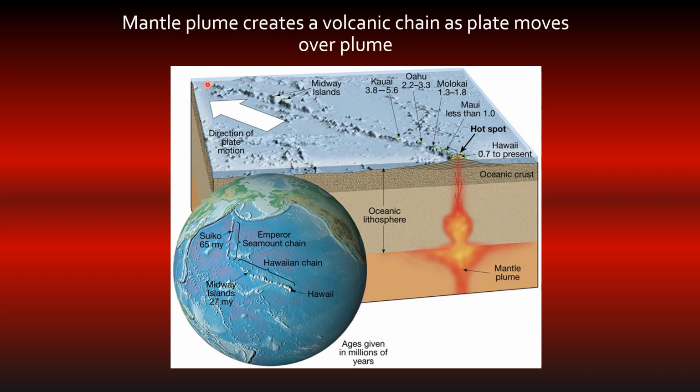If we reverse time back, this spot up here was at one time down here erupting as a volcanic island. Then it moves on and then it's no longer erupting. It's now a dormant volcanic island, and a new island forms behind it. And it's moving, moving, moving, and it keeps producing these islands in sequence as the plate moves over the hotspot.